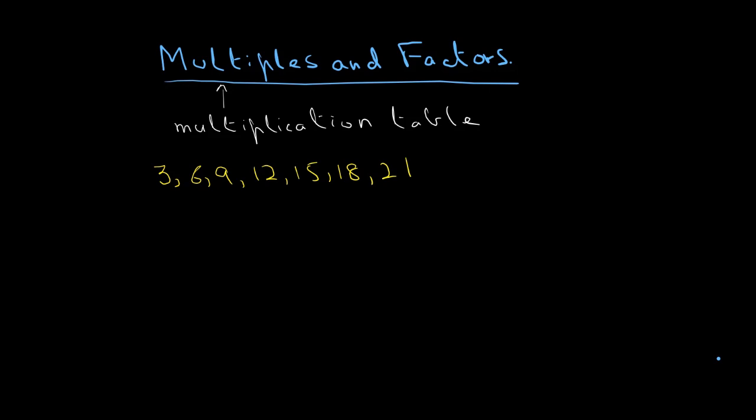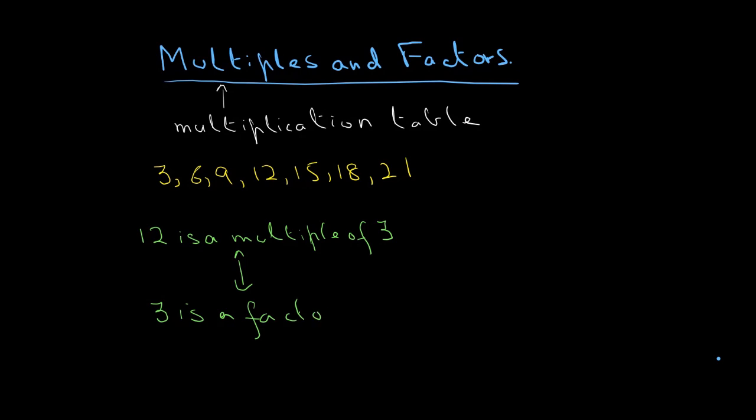Now note, it's very important, and you can see the relation: if 12 is a multiple of 3, this is the same statement we talked about earlier, that 3 is a factor of 12, right? Why is that?